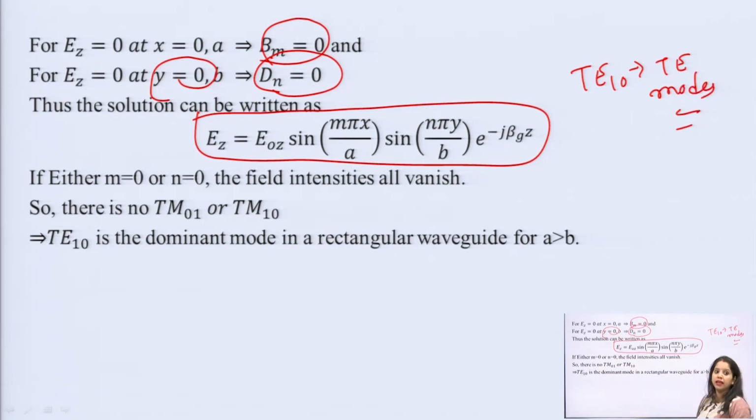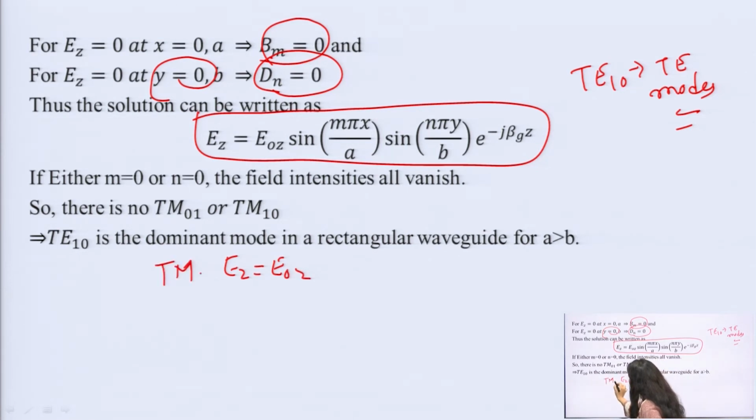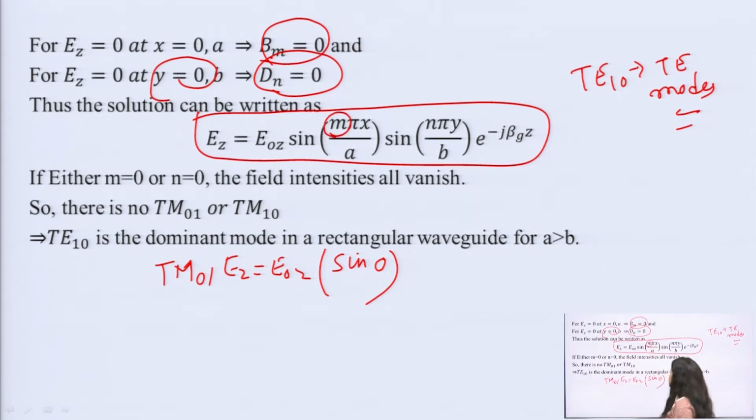But when we see the case of a TM mode, Ez is equal to E0z times a sine expression, and if we have the TM01 mode, that is sine 0, m will be 0, so the whole expression will be equal to 0. If the sine 0 is multiplied with any component, the expression will be finally 0.